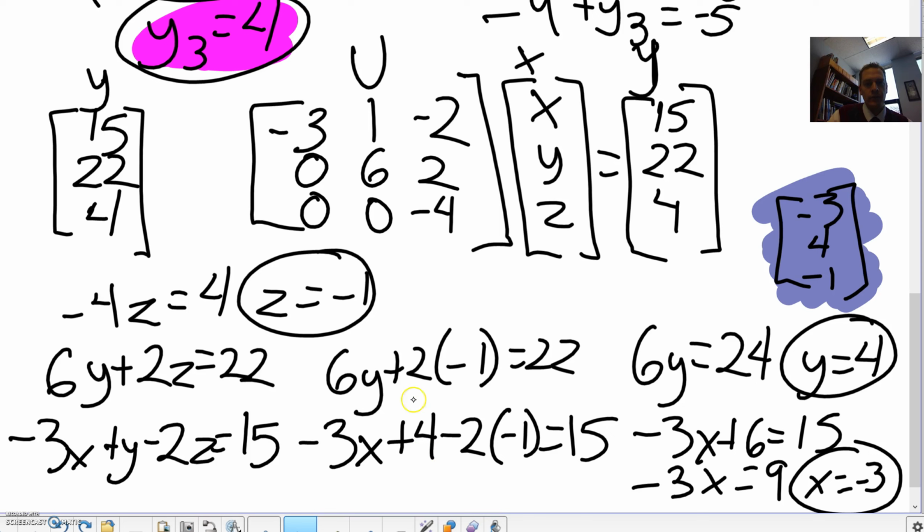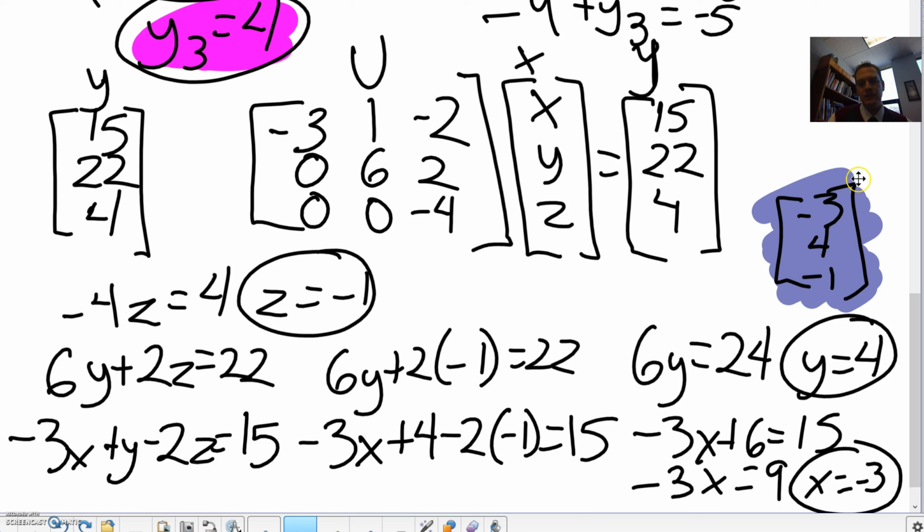The 4 comes from y equals 4, minus 2 times negative 1. The negative 1 comes from the z that I saw before. 4 plus 2 is 6. Subtract 6 from both sides, and I get negative 3x equals 9, or x equals negative 3. So my final answer is x equals negative 3, y equals 4, and z equals negative 1.